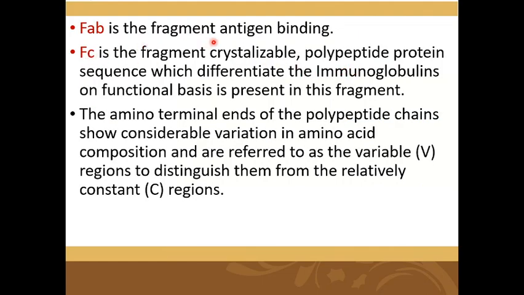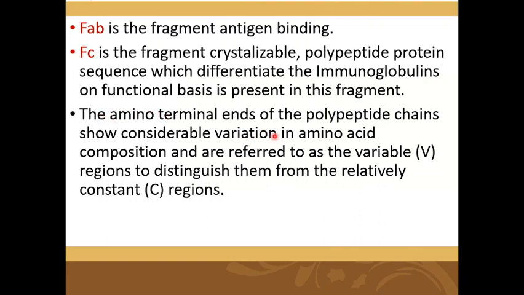FAB is the fragment of antigen binding. I have just shown you that it is the fragment of antigen binding, whereas FC is the crystallizable fragment. The polypeptide protein sequence which differentiates the immunoglobulin on a functional basis is present in this fragment.